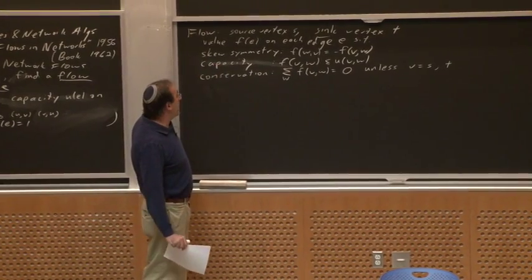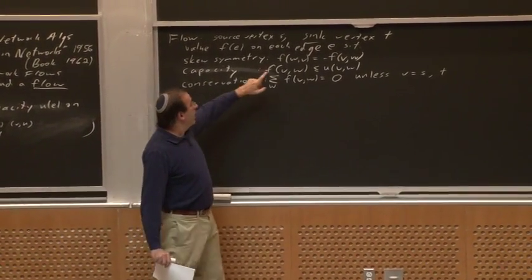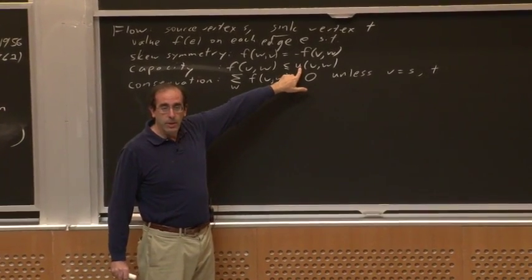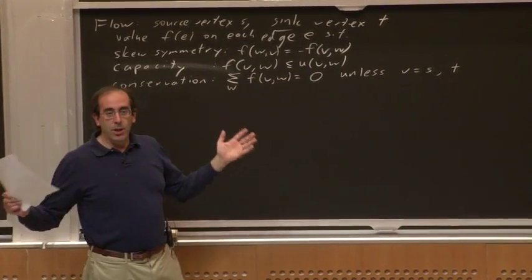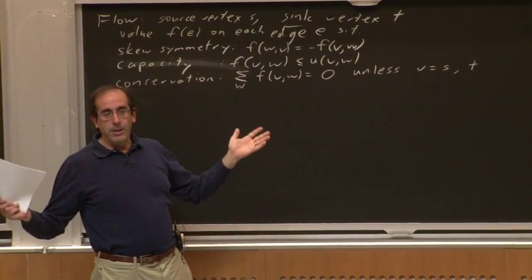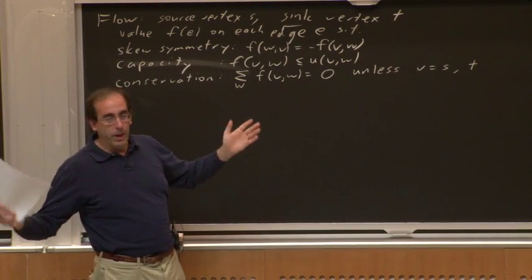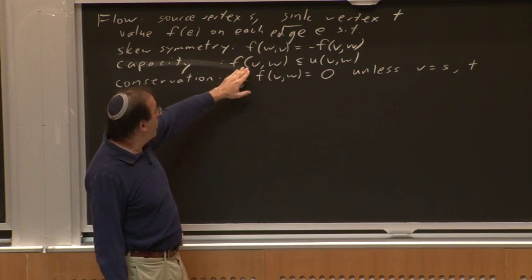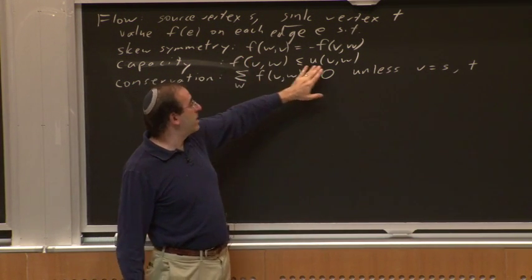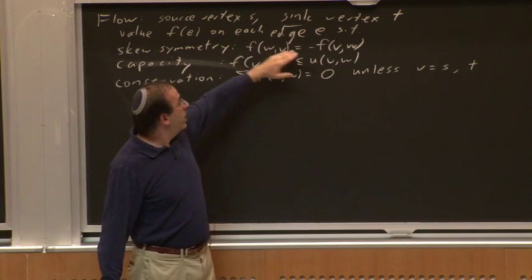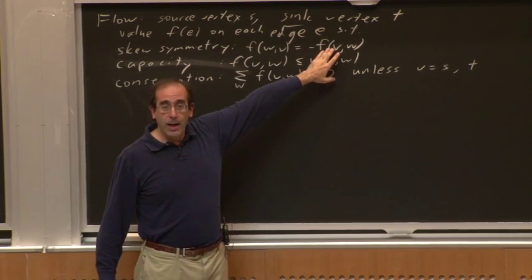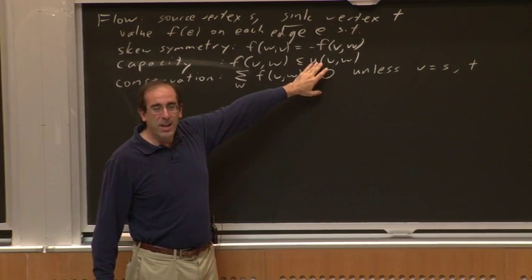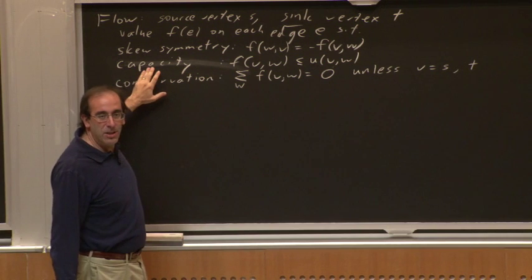But this one works very nicely because if I have a capacity on the edge from V to W, and I don't have an edge at all from W to V, that's sort of like having a capacity of 0 going from W to V. Now, if I've got a flow where there's some positive flow going from V to W, whose value f is less than u(V,W), then by skew symmetry, the flow in the opposite direction is negative. So if I think of having a 0 capacity in the opposite direction, then that satisfies the capacity condition by being negative.